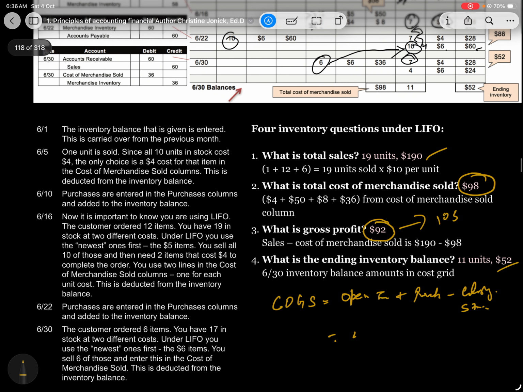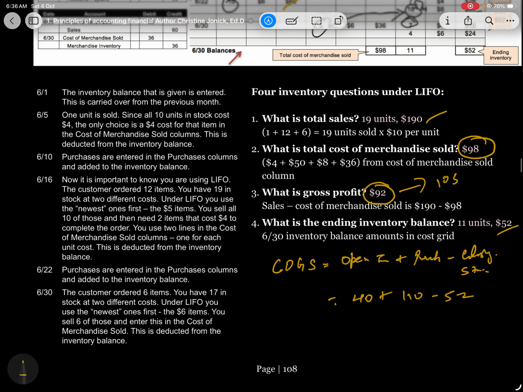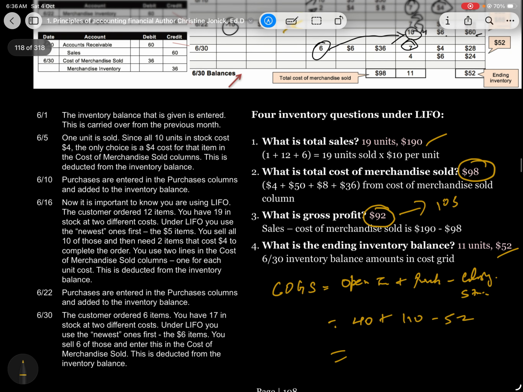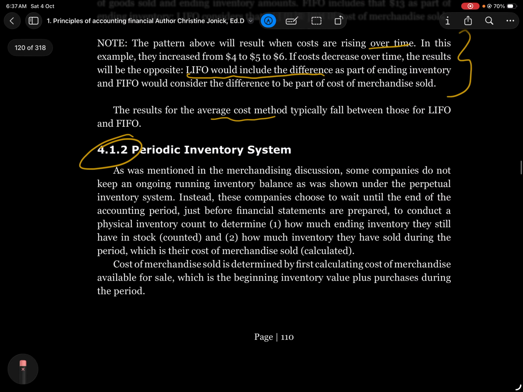Opening was 40, plus the purchase was this and this, 110, minus 52. 140 minus 52 would give out 98, I guess. But that's how you basically calculate it; this is the formula. We will look at that in the next valuation system in more detail.